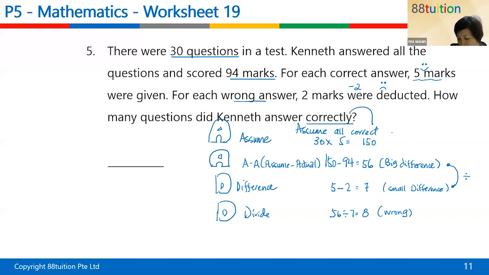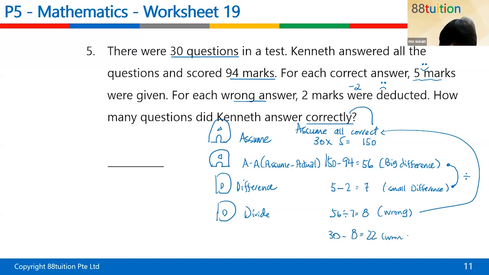So your answer cannot be correct already, right? Your answer must be opposite. So it must be wrong. Okay? So to find the correct ones, you use 30 minus your 8. And that gets down to 22. We call it the wrong one.